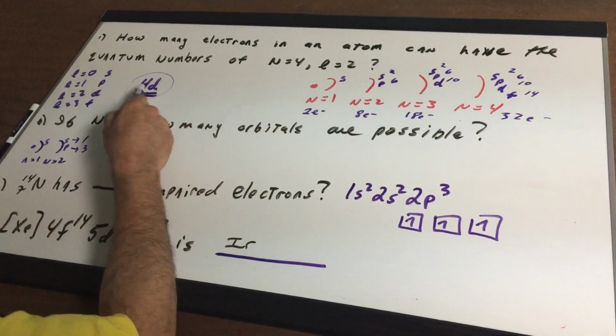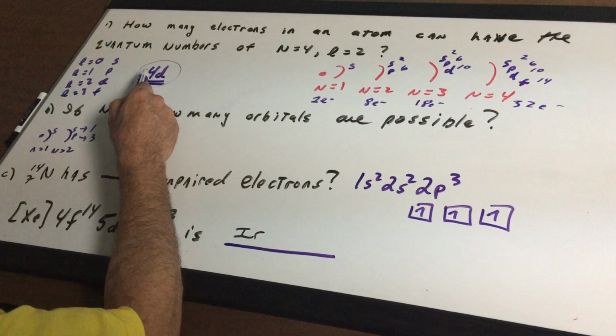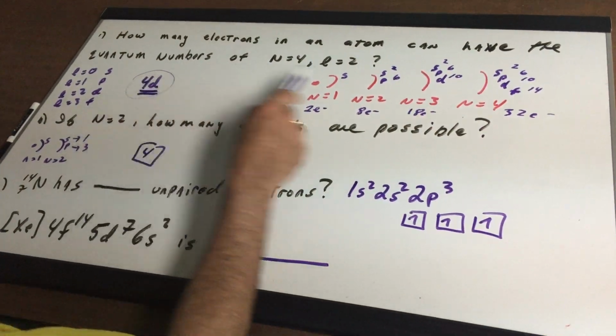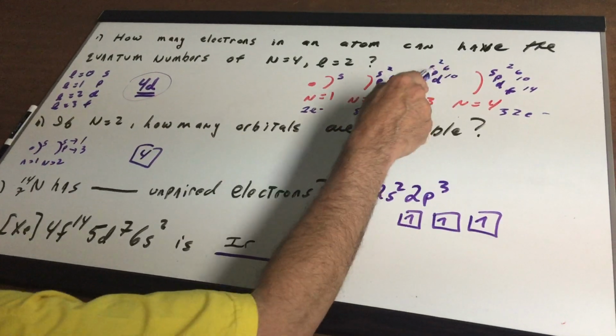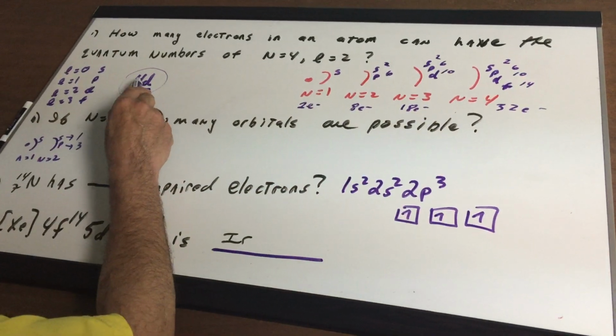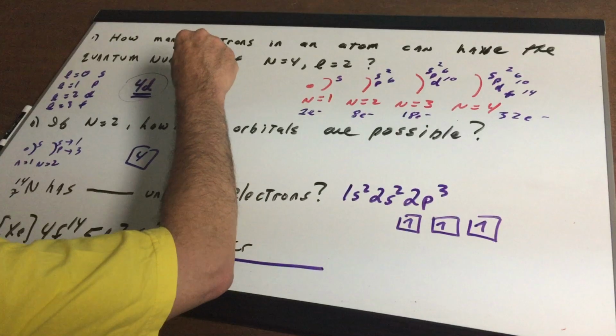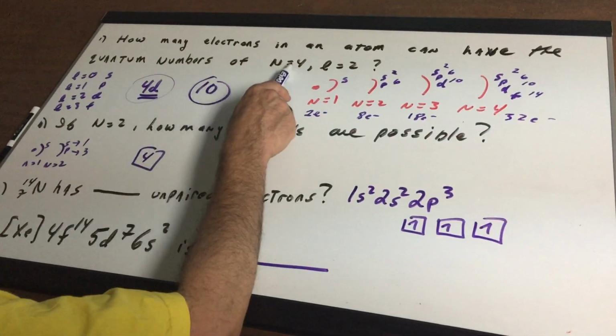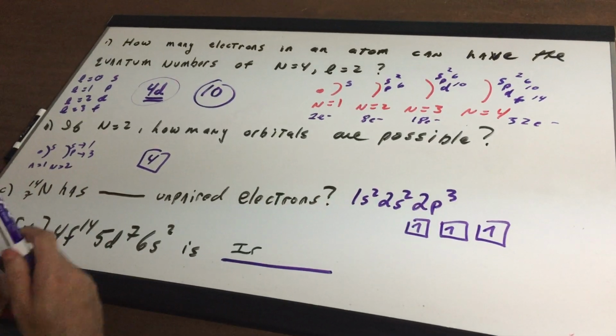In any D, it doesn't have to be 4D, it could have been 3D, 4D, 5D, etc. The D's start at the third principal quantum level. Any D can hold up to 10 electrons. So there would be 10 electrons that can have these 2 quantum numbers.